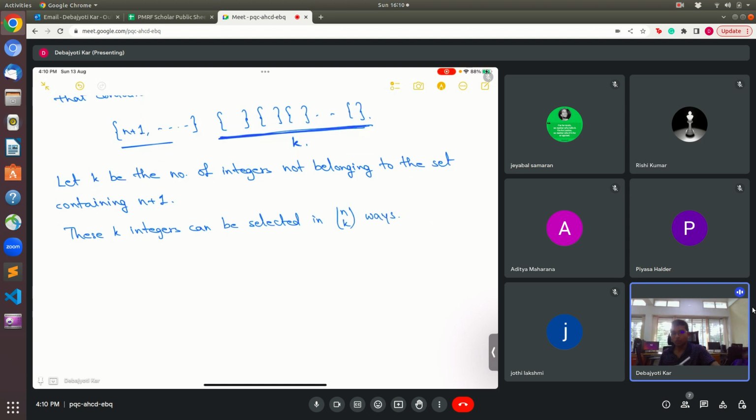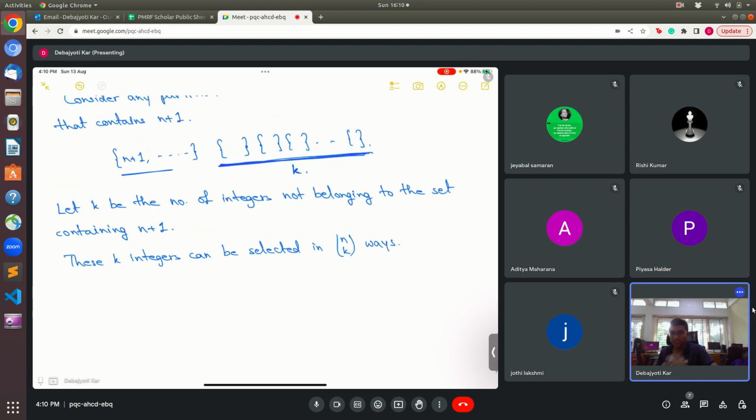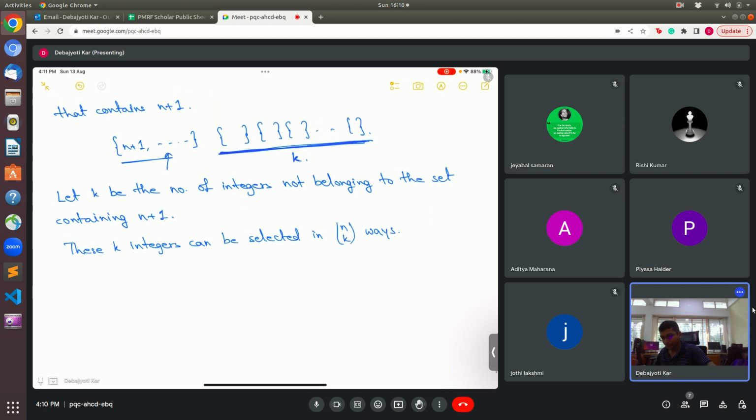Now, once we have selected these integers, there are the remaining n minus k integers, and those must go into this particular set which contains n plus 1, by definition. So the remaining n minus k numbers which we have not selected must be with n plus 1.